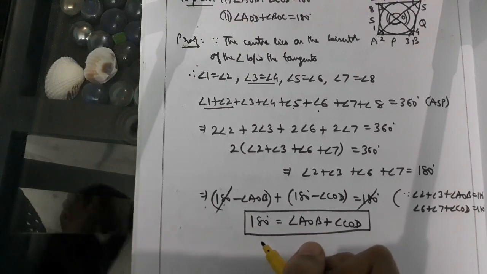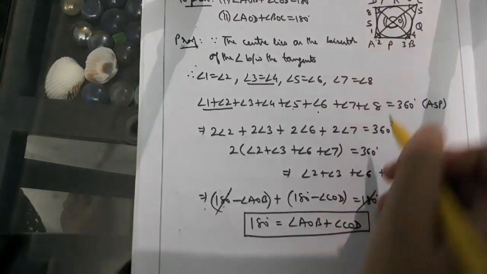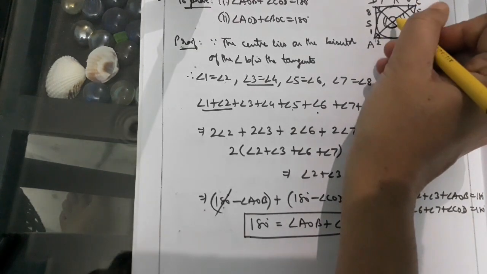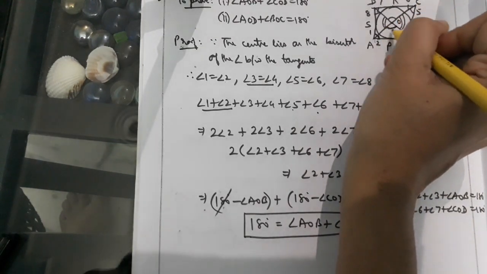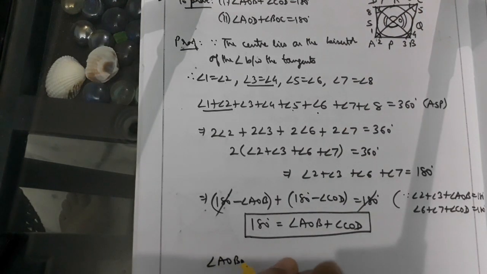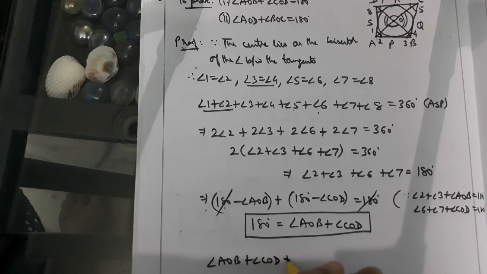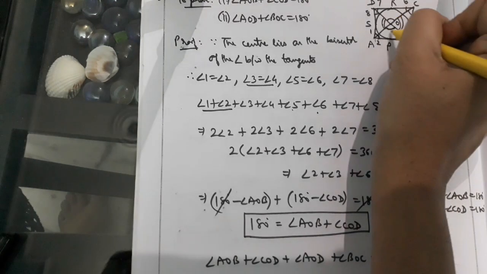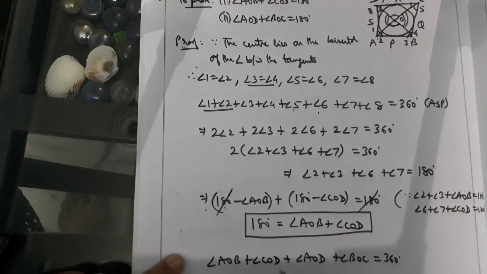Now also we have to prove that angle AOD plus angle BOC is 180 degrees. So from the figure we see that the sum of all these 4 angles would be 360 degrees. That is angle AOB plus angle COD plus angle AOD plus angle BOC is equal to 360 degrees. We have already proved that angle AOB plus angle COD is 180 degrees.